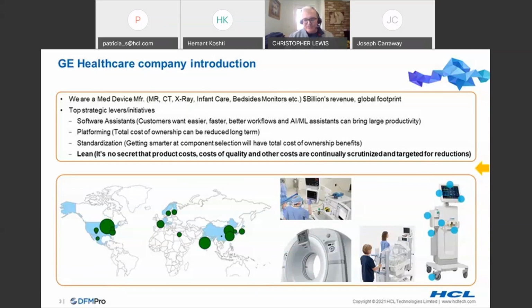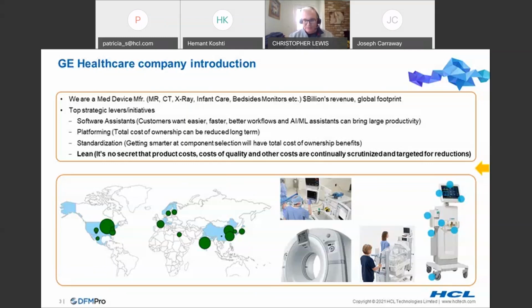We also have divisions that make machines that look after you. So things like if you're a really premature baby, we have machines for that. If you're in the ICU, we have monitors for that. If you're undergoing surgery, we have machines for that. We make medical device machines, basically.